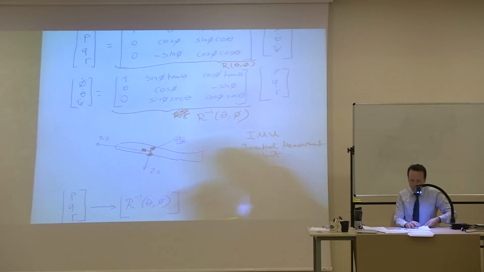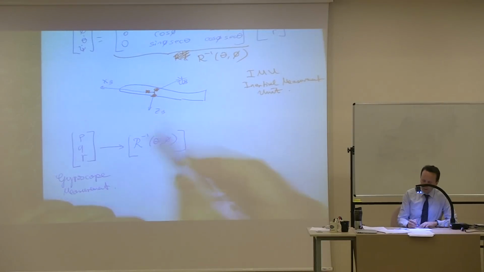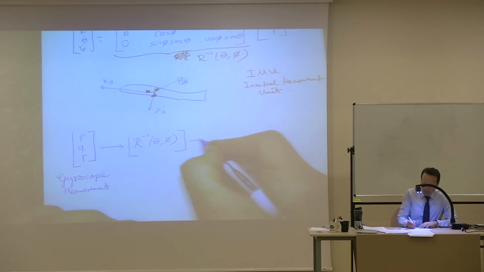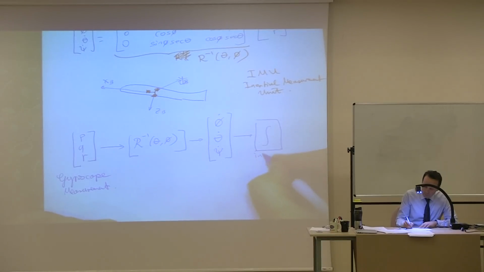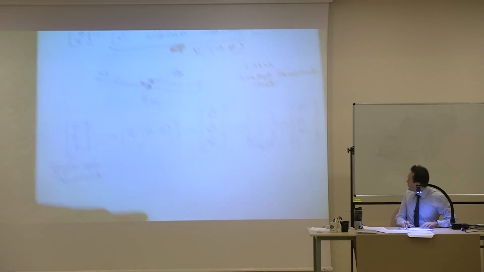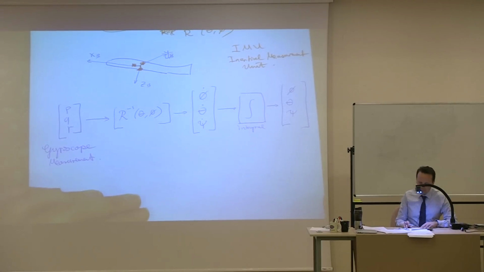Because you get P, Q, and R, you multiply it with this, and you obtain phi dot, theta dot, and psi dot. And then you take the integral of this, and you obtain phi, theta, and psi. And these are your Euler angles now.